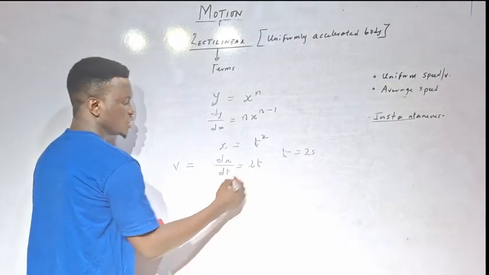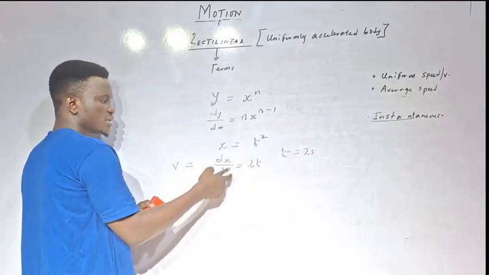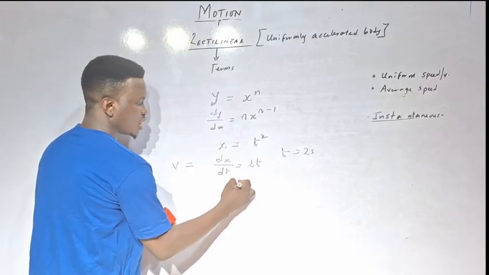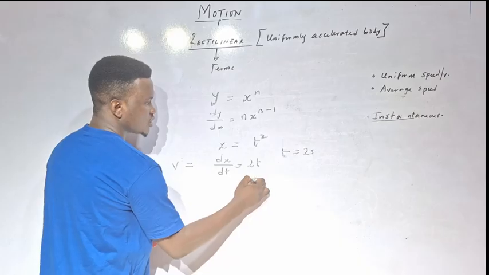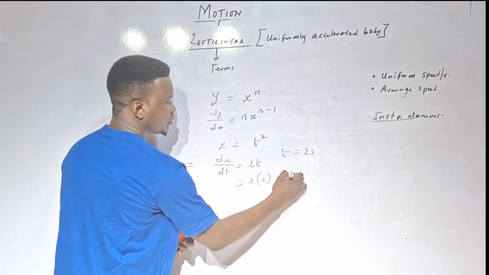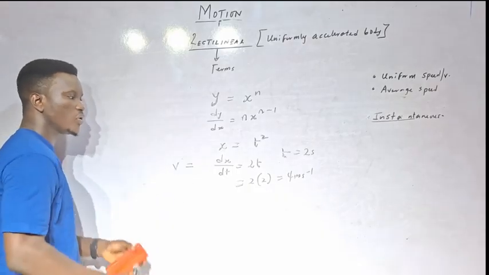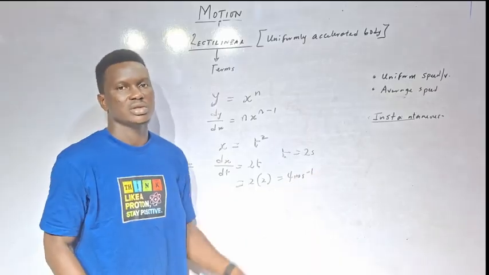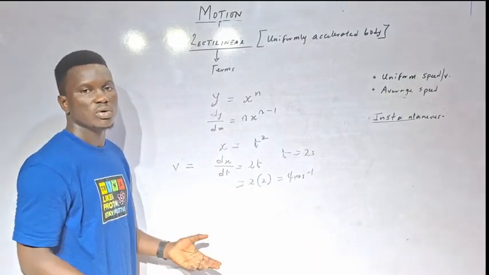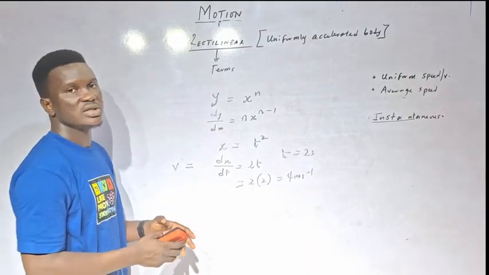Then what you just do is that since you have differentiated x to give me 2t, you now put in that 2. Then you say 2 times 2, then that will be 4 meters per second. So that means the body is moving at 4 meters per second. That is what we call instantaneous velocity.